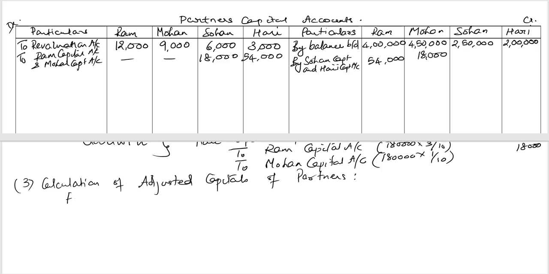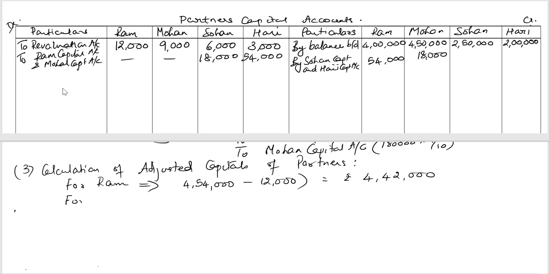For Ram, total 4,54,000 credit side minus 12,000 is rupees 4,42,000.